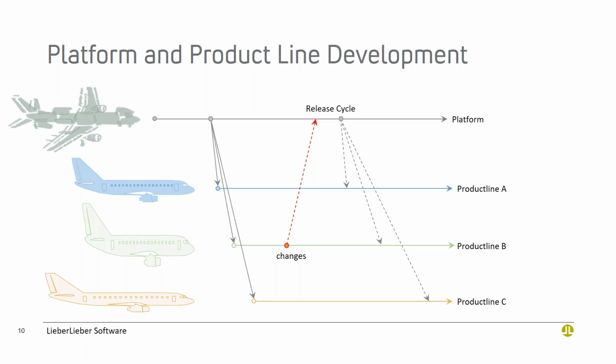And then you might want to propagate at the time that fits the project, not automatically. This is an important point. You develop a change to the platform in one product line, and then at certain points in time, you release or publish these changes to the platform to the other product lines.